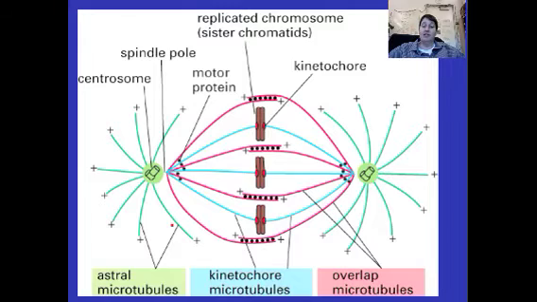Those motor proteins are negative end motor proteins. They're dyneins. So where are the negative ends? At the centrosomes. All right, and those motor proteins on the overlap microtubules actually generate this particular structure for the spindle complex. How do they do that, you might ask?